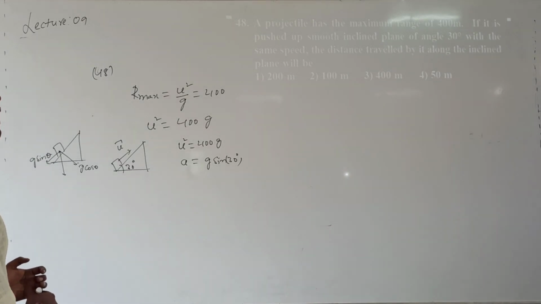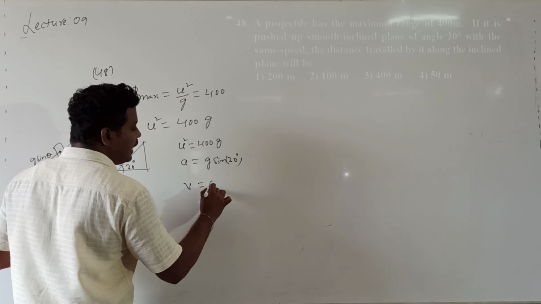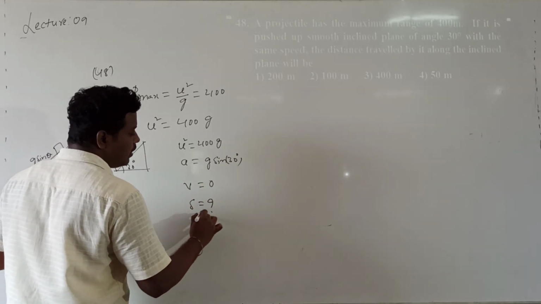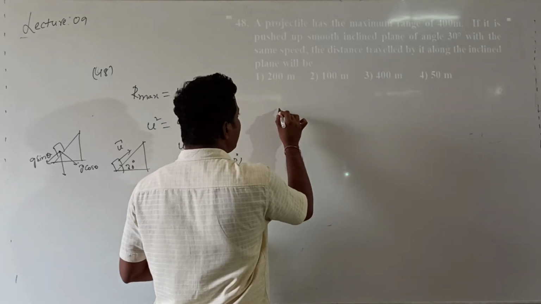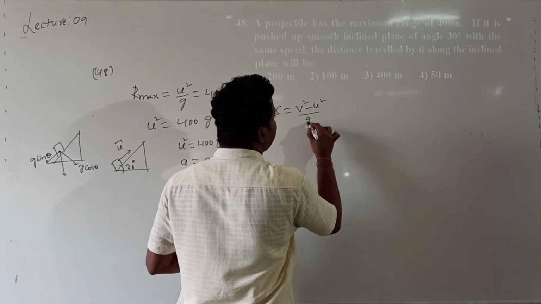Now what are they asking us to calculate? The distance travelled. It will travel until its final velocity becomes 0. If we consider its motion as uniformly retarded motion, then s is given by the formula v square minus u square divided by 2a.